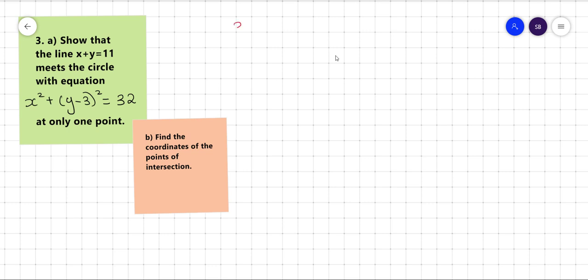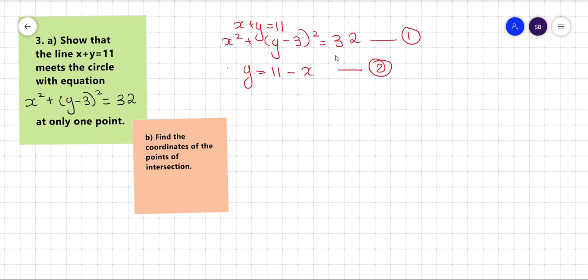So you have the line x plus y is equal to 11 and the equation of the circle is x squared plus (y minus 3) whole thing squared is equal to 32. Let me name this as equation number 1, and let me make y the subject of the formula so that it is easy to tackle the question. y is equal to 11 minus x, equation number 2.